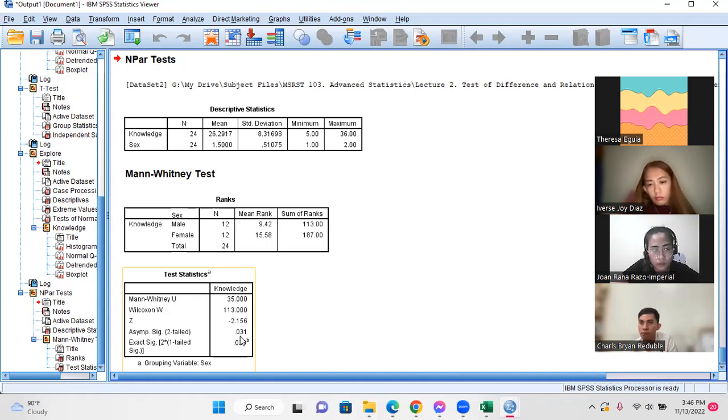So nalaman natin na mas mataas ang mean scores ng female. And there is a significant difference. So ang intervention nito is on the part of the male participants. So yun ang intervention.